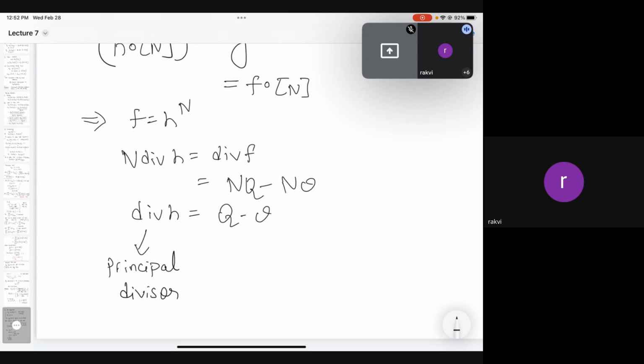If this has to be a principal divisor, that implies that q has to be the identity, because if I forget that it's a formal sum and actually start adding it, I add q minus O, which is just q. It has to be identity. So q has to be the identity.